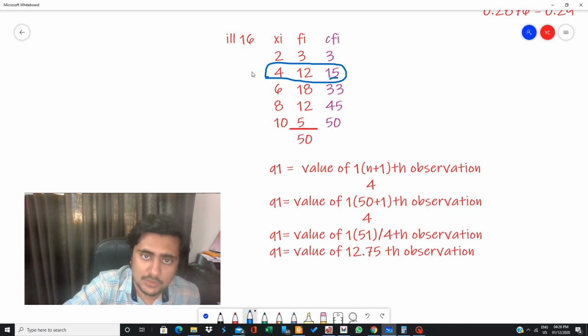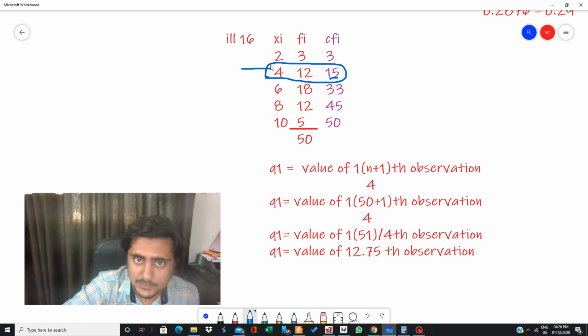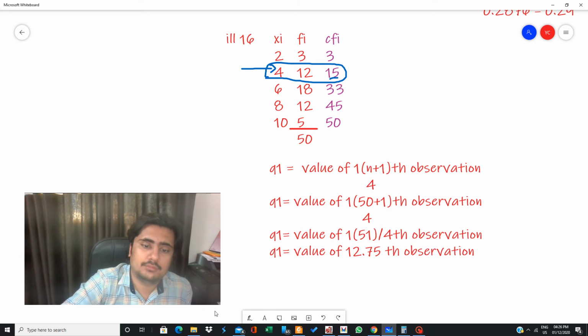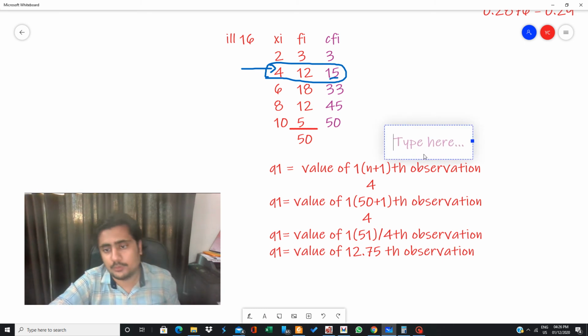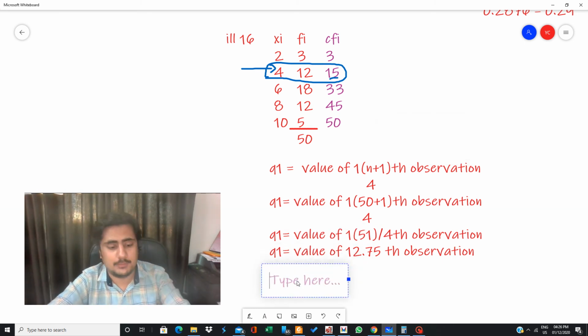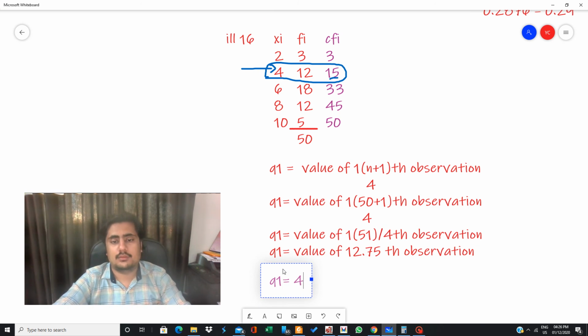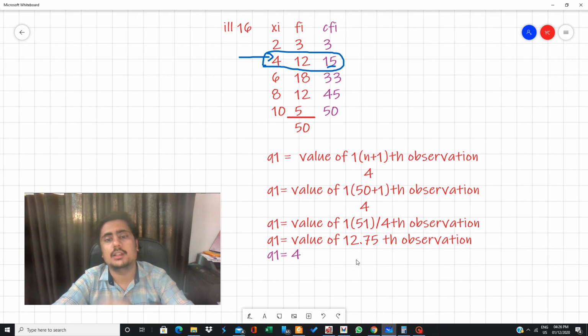So what is your answer actually? Your answer will be X. Your answer will always be from the observation. So my answer is 4. You got my point? You have to search 12.75 in CFi, but your answer will be taken from xi. So your Q1 is 4.